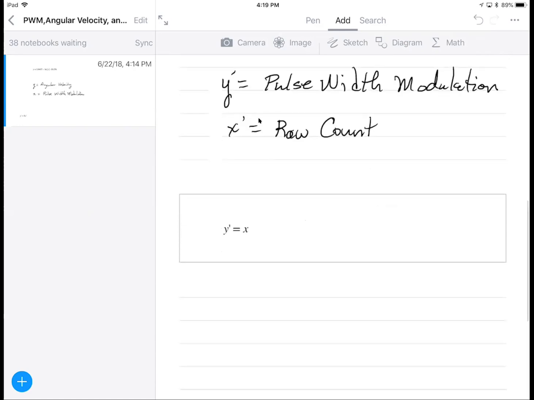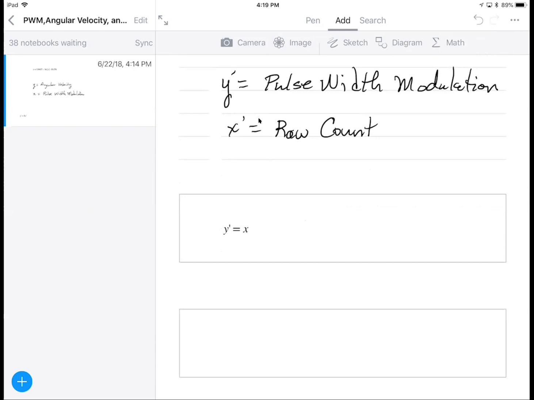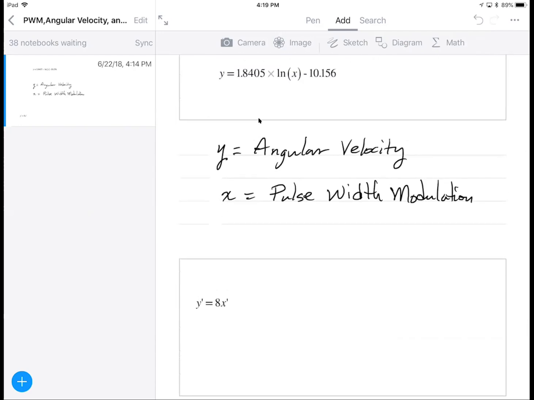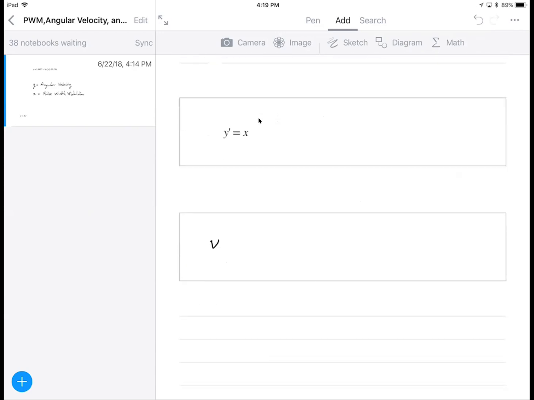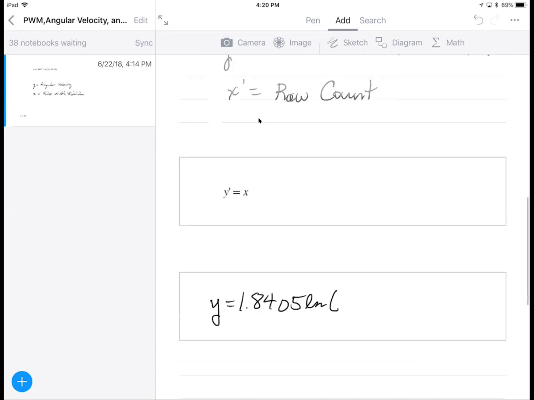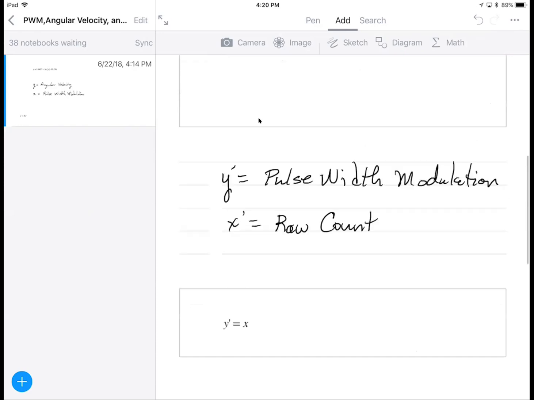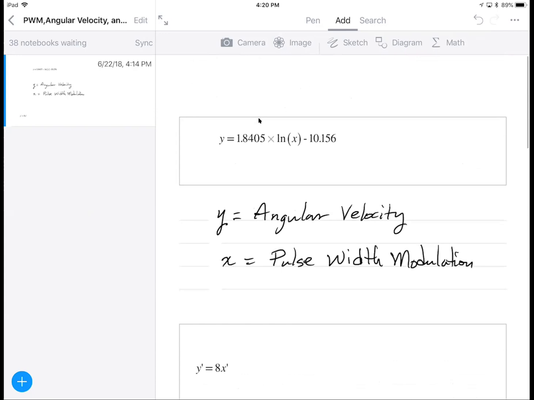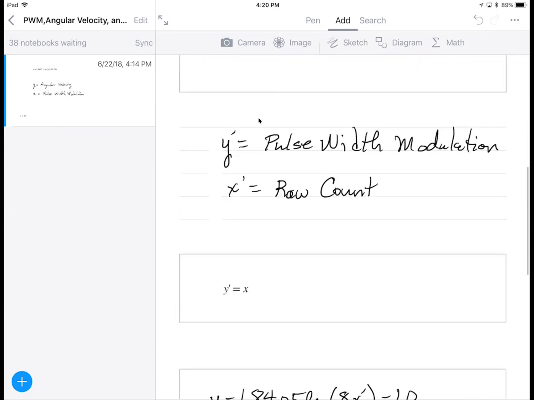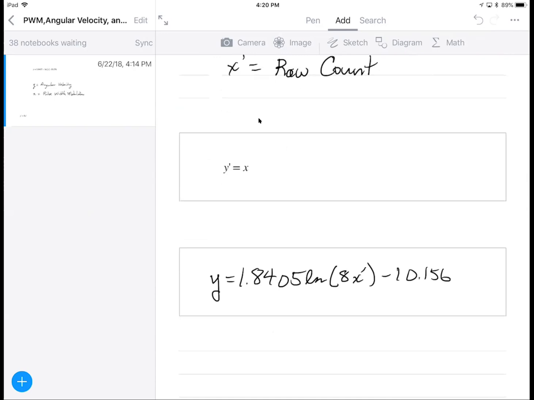So since y prime is equal to x, we can put y prime into this equation because it's x, so that means we're going to have an equation that looks like this. y equals 1.8405 natural log of 8x prime minus 10.156.